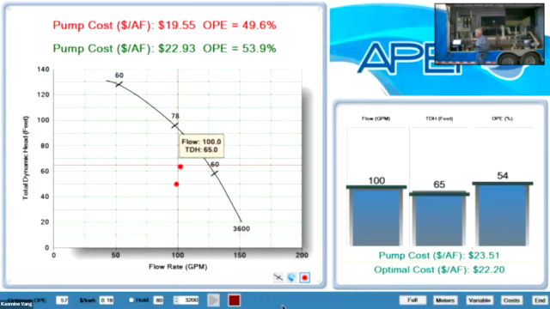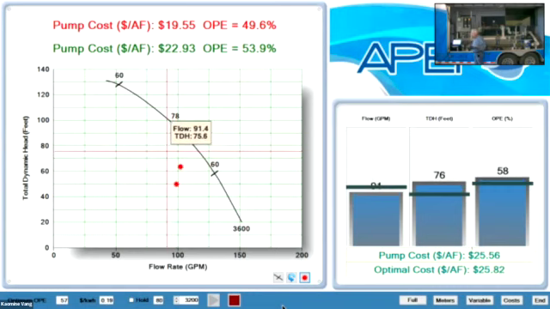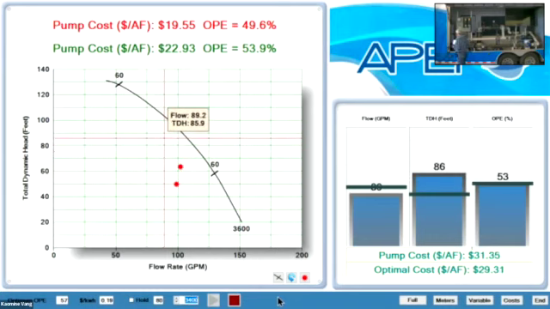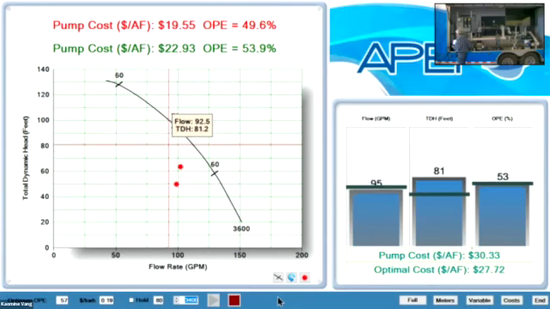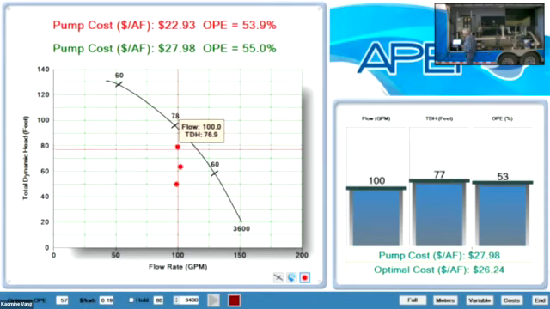Now let's say the water level drops again. And the pump speeds up some more. 3,400 RPMs. And we're back to our 100 gallons a minute. Finally, the water level keeps dropping down.